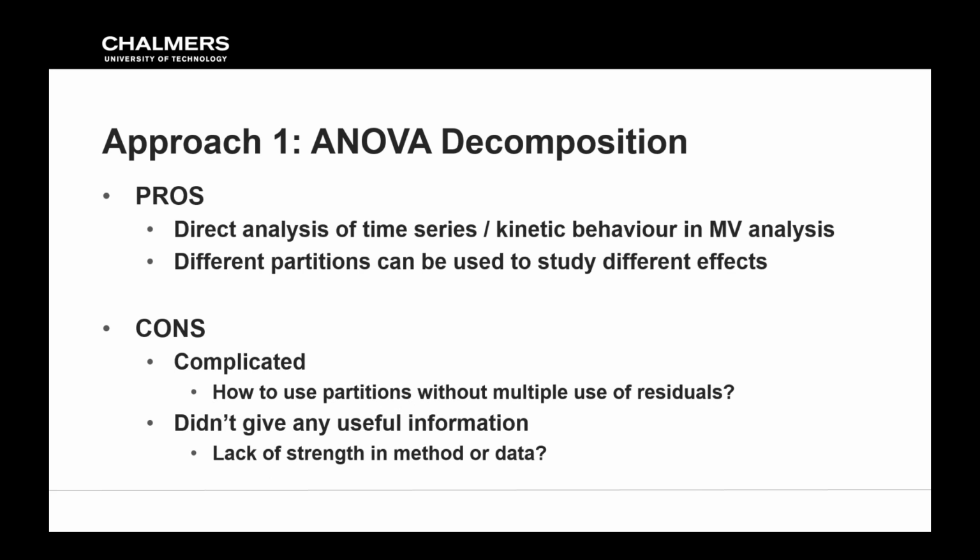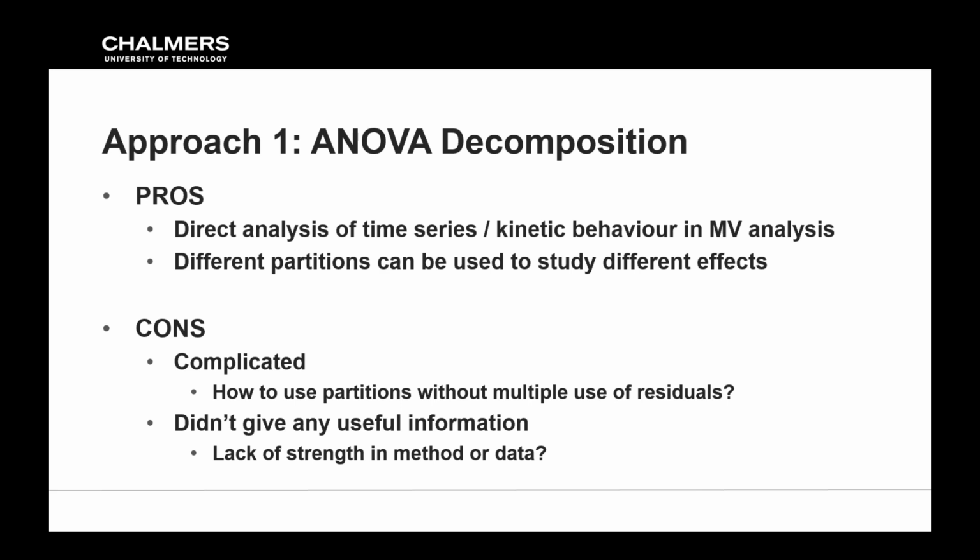Just to wrap up the pros and cons of the ANOVA decomposition: on the plus side, we can do direct analysis of time series data to look at kinetic behavior in the multivariate analysis. This is really an upside of this type of approach, and we can use the different partitions to study different effects, for example overall treatment effect versus overall time effect. On the con side, a lot of people find this to be a complicated approach.